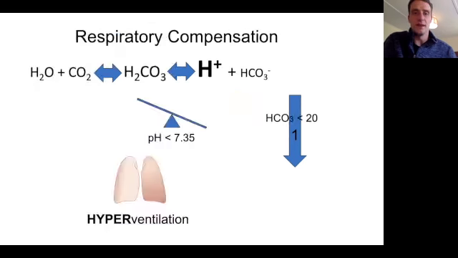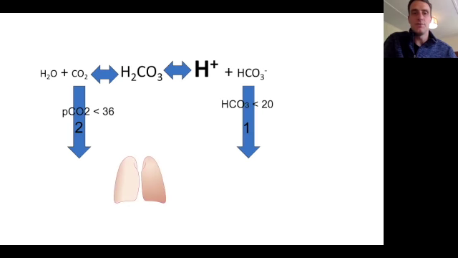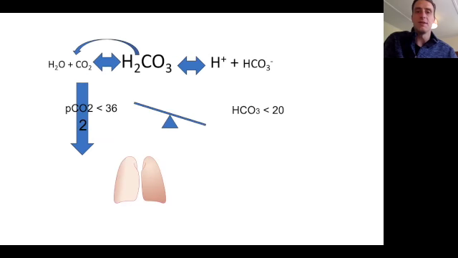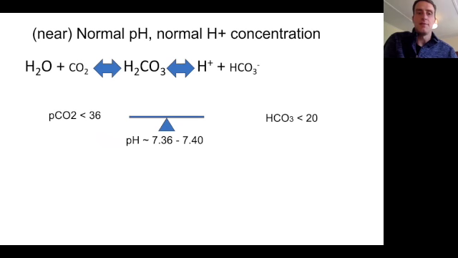But the lungs can help to compensate for that by hyperventilating and decreasing CO2, which allows the body to restore a more normal pH by shifting CO2 from bicarbonate and then shifting hydrogen ions over to replace that, bringing the pH back into a normal range.